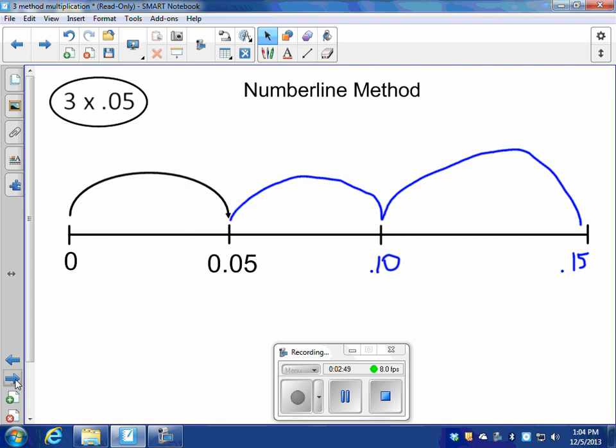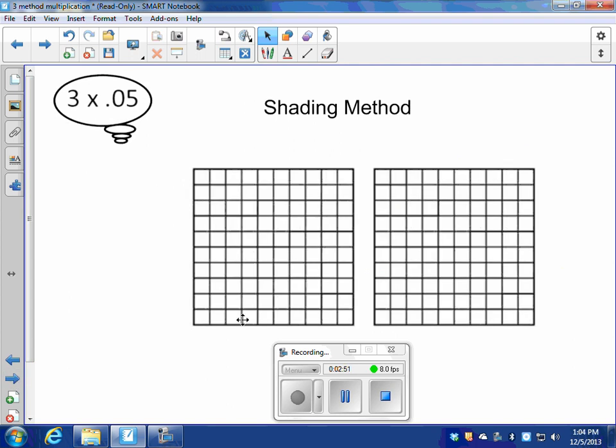A third way of showing 3 times 5/100ths is using a shading method with a hundredths mat. So we'll use a red pen, and I'm going to shade in 5/100ths. 1, 2, 3, 4, 5. Sorry, that's messy.